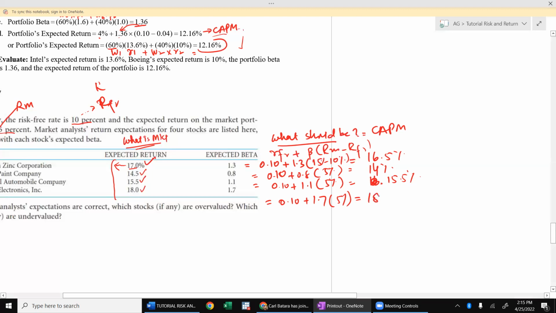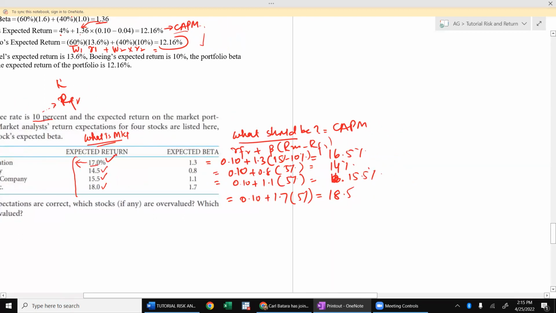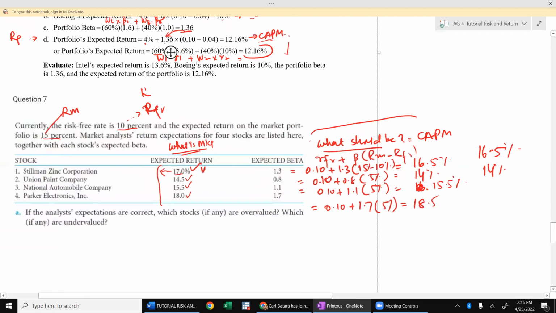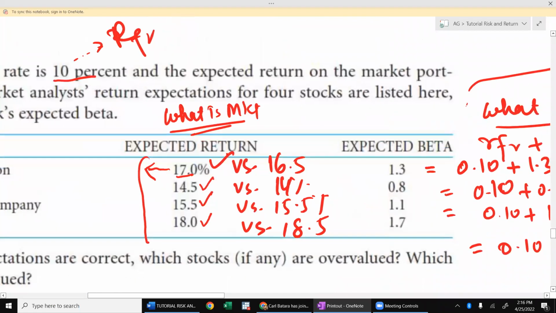Very good. Now this part of the return that you got: 16.5%, 14%, and I write it here for you, 16.5 versus 14% versus 15.5% versus 18.5%. Now you see that there are two rates given in this part.